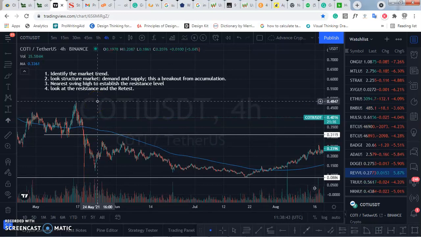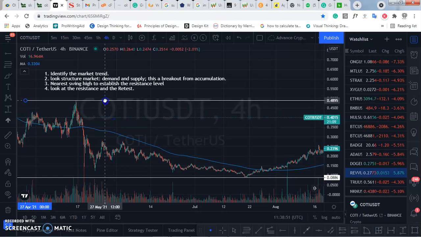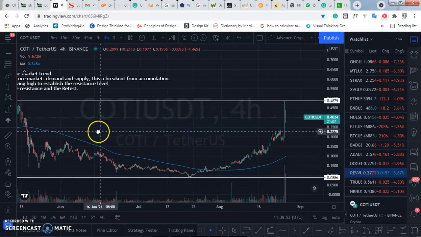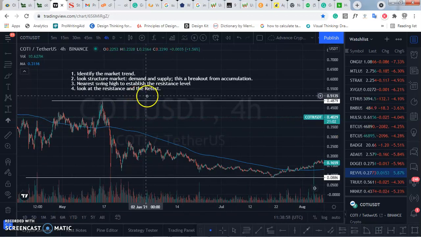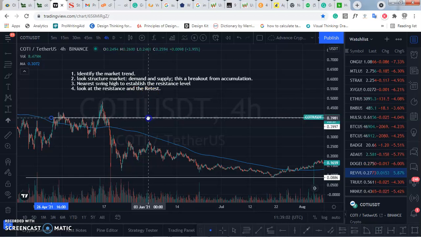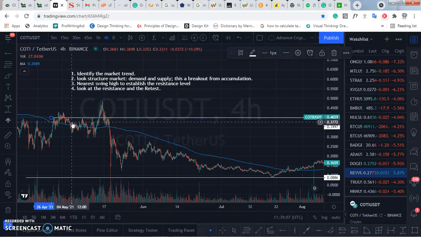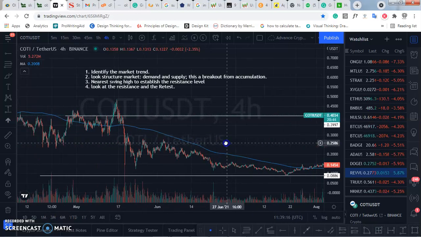You have to mark this because this will be the nearest swing high, and this is where there is an obvious resistance, to establish the resistance level. So this is the resistance. When you look at this, you find that this is an obvious resistance.